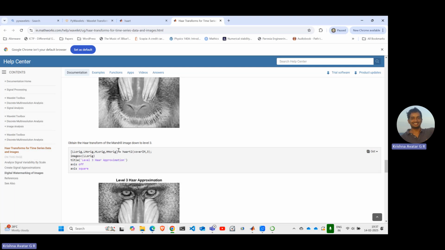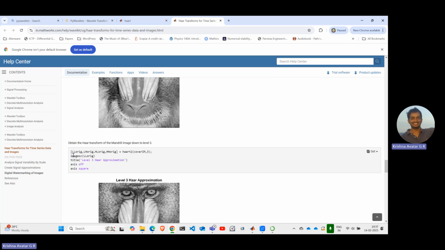I believe this was discussed in the demonstration in the week 4 course, and that's what you see here. So you obtain four matrices, right? And the first matrix, as we know, contains the most approximated image, the LL version.